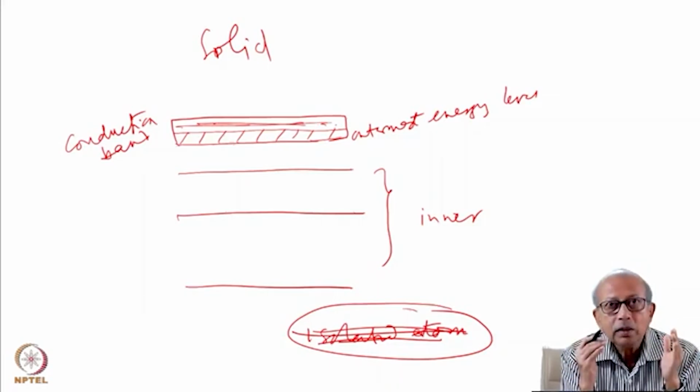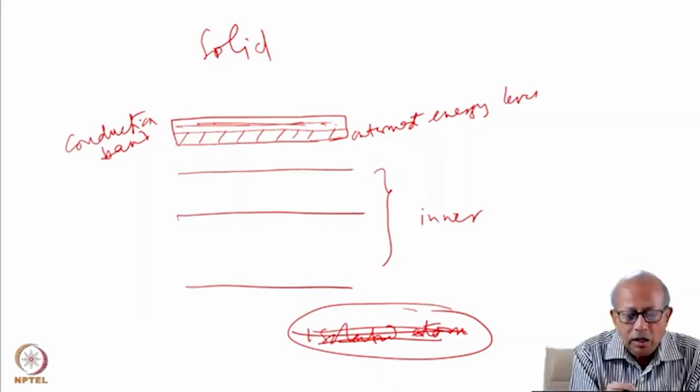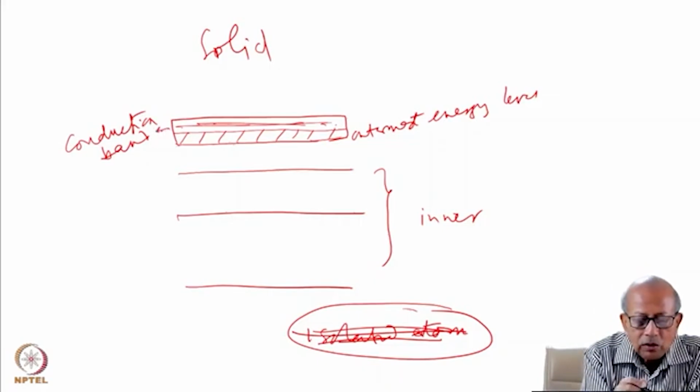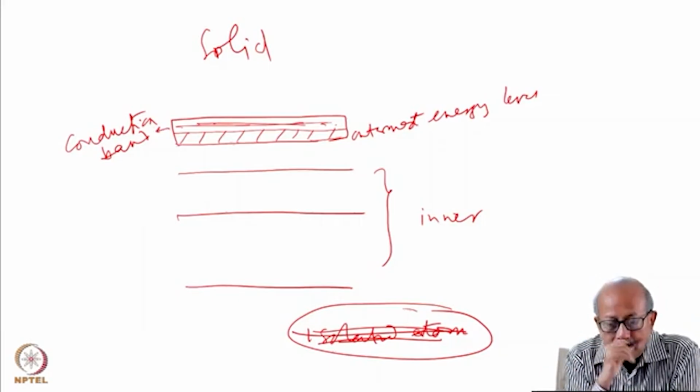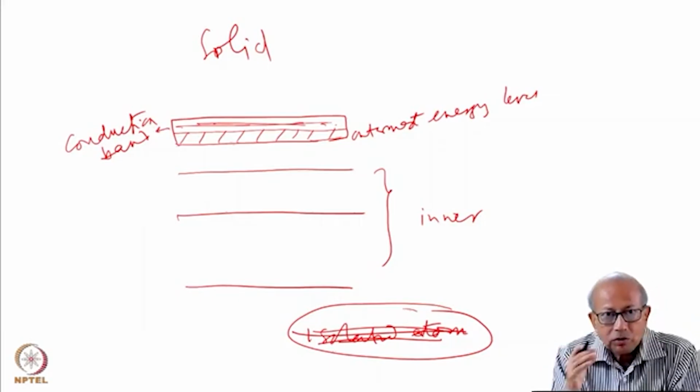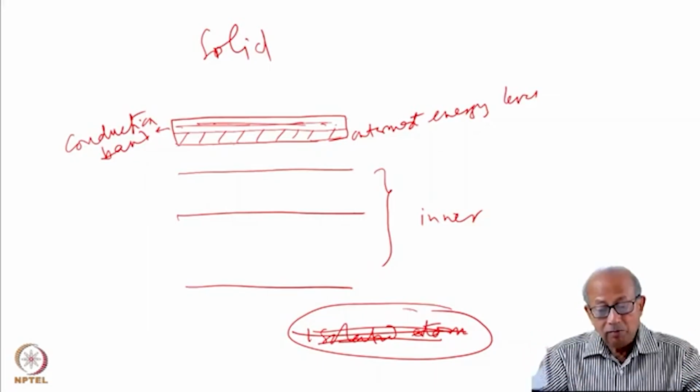And that is why a metal shows conduction, and this is known as the conduction band, where the electrons can easily move upon application of a modest voltage across the two ends of, say, a metal plate.